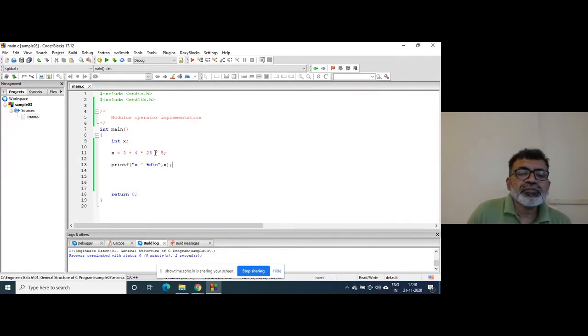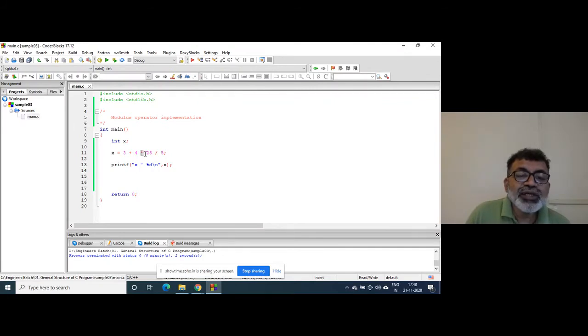Even though we solve 25 divided by 5, that is 5, 5 into 4 is 20, plus 3, 23, no problem. But every time it may not happen. The computer's way of solving an expression, we should know how the computer is going to solve that.